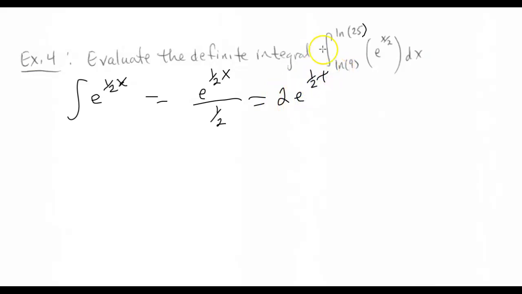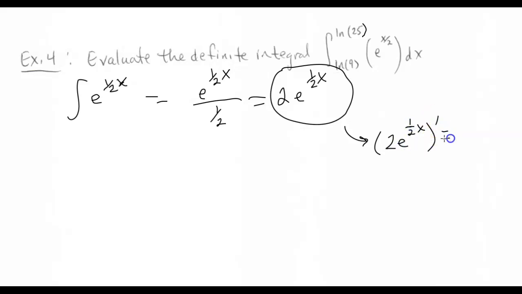Okay. Now, we know that because, of course, if I was to actually take the derivative of 2 times e raised to the 1/2 x, then of course the derivative of this, I'll just write it out.